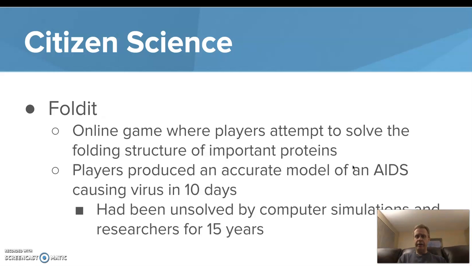This individual case had been unsolved for 15 years, but through lots of different people over the internet playing this game, they were able to come up with a model of this particular AIDS virus in a really short time.